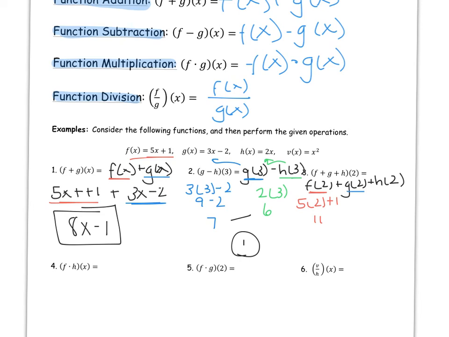G of 2 would be 3 times 2 minus 2. So that's 6 minus 2, which is 4. And h of 2, which is 2 times 2, which is 4. So now all I do is add these all up. 11 plus 4 is 15. 15 plus 4, 19. And I'm done.